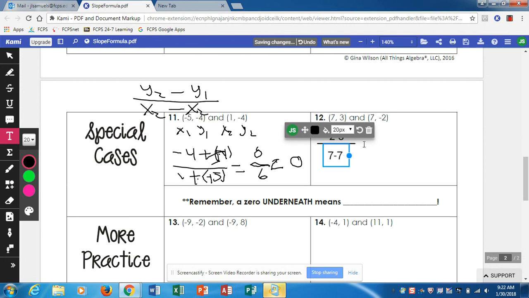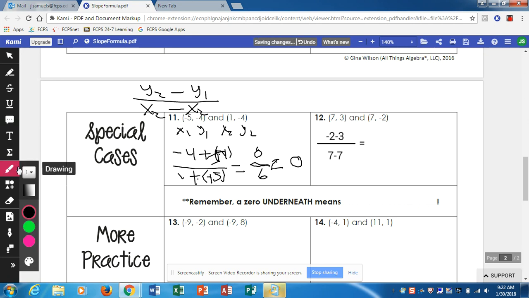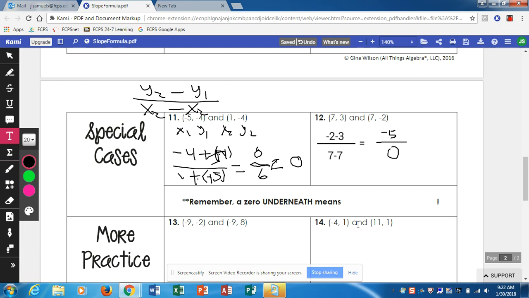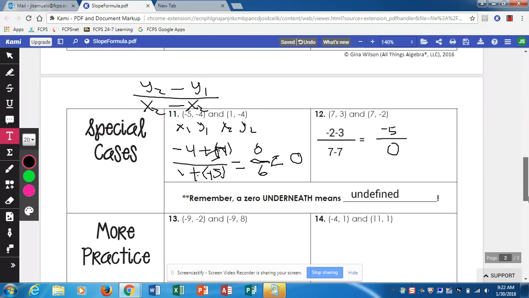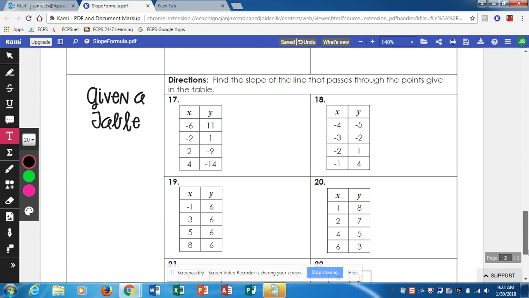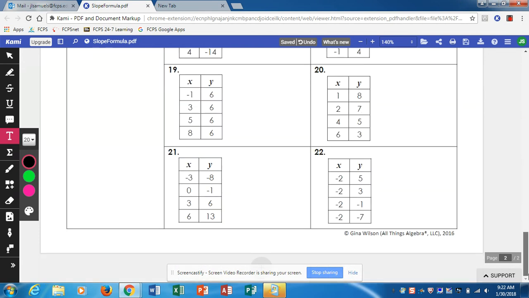Now, when we do this, we're going to get an answer of -5 over 0. Okay, so anytime we have 0 in the denominator, you guys need to remember that means that the slope is undefined. Okay, so you guys can go ahead and practice doing this on your own.